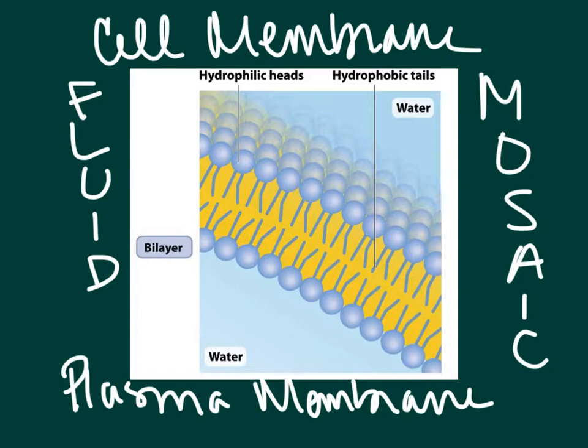In this instance, fluid is an adjective and not a noun. It describes the membrane flexibility. It's flexible and kind of has a little wiggle room. Its movements aren't jerky, it's not rigid, but it's soft, it's fluid.